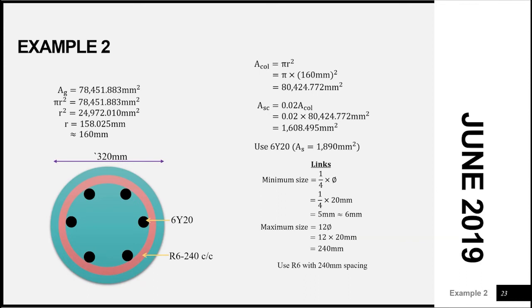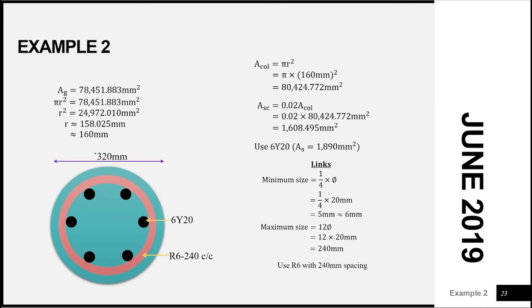Bila over design salah juga. Tak betul lah. Okay, I round up 160. Okay, 160 is the actual radius. Okay, 158.025 ni adalah radius daripada gross area of column.